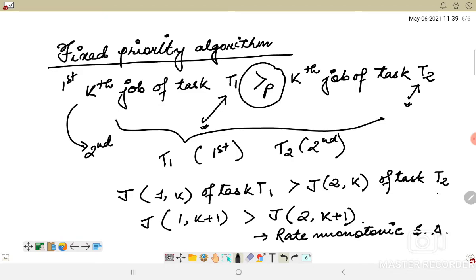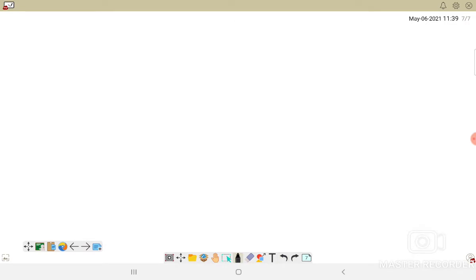So we have to understand that we first have to determine the level of priority between one instance of the job, and the same priority will be followed for the rest of the jobs. The next we will talk about is the dynamic priority algorithm.